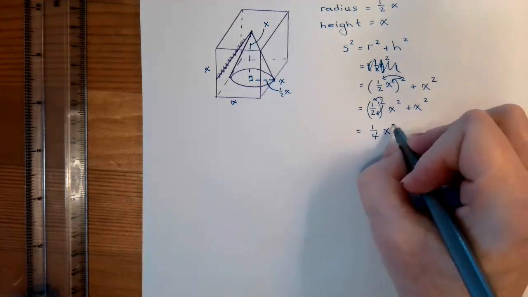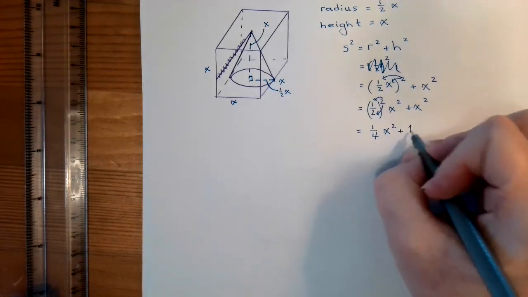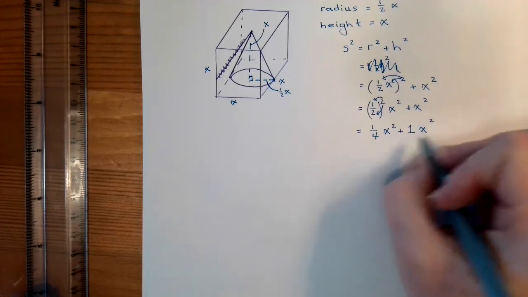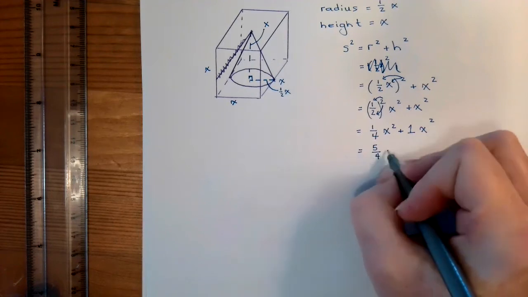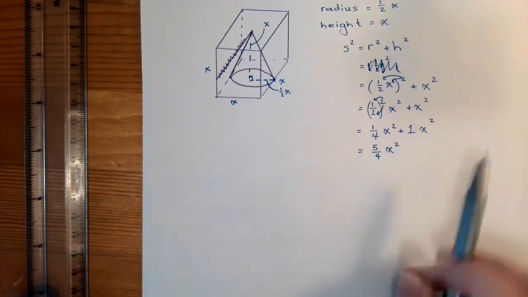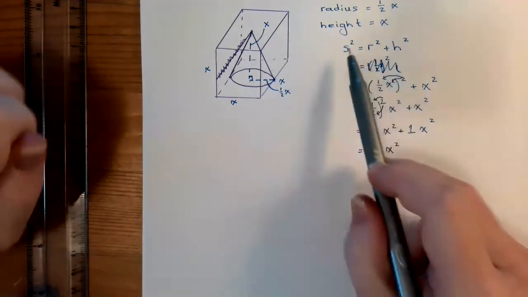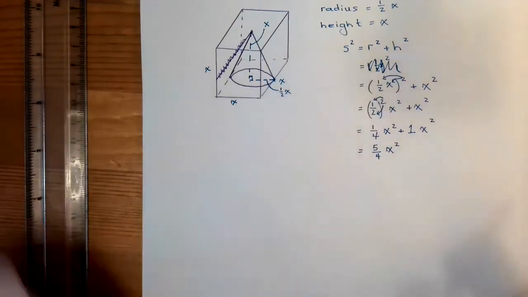So I have a quarter x squared plus 1x squared, and 1 plus 1/4 is 5/4 x squared. Well, that is the slant height squared.